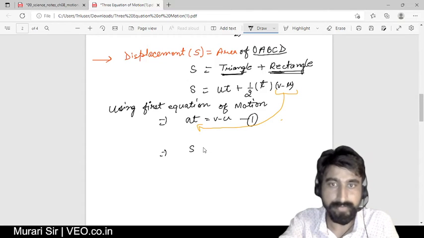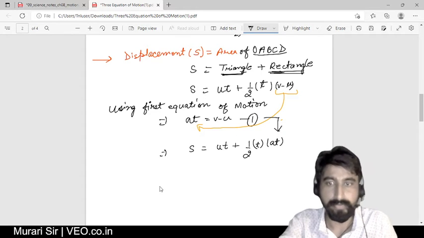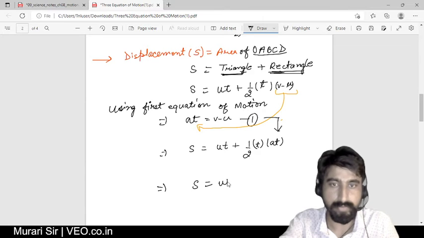S is equal to ut plus half t into at from this equation. Okay, so what we have got, s is equal to ut plus half a t square.